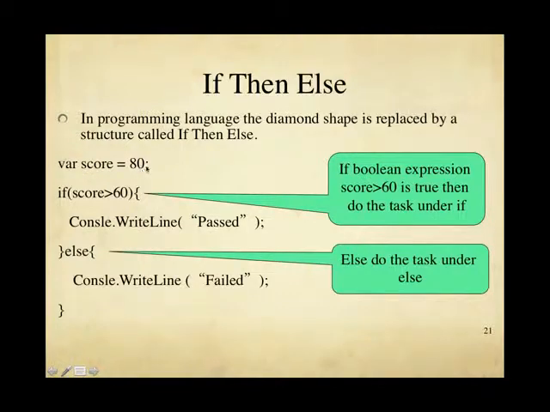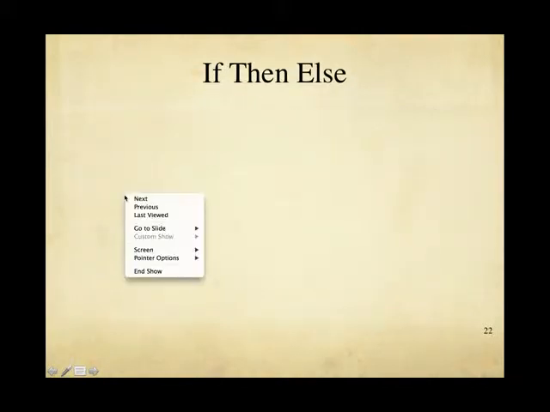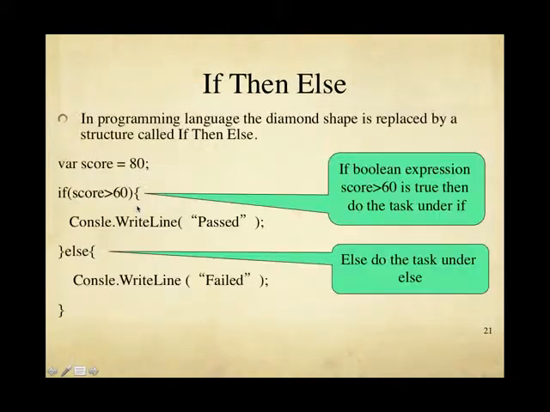We declare var score is 80. If the score is greater than 60, Console dot WriteLine print passed, otherwise Console dot WriteLine failed. So in this case, since the score is 80, 80 greater than 60 is true, so the program will print passed. But if this was by any chance less than 60, this will be false, and it will write failed.